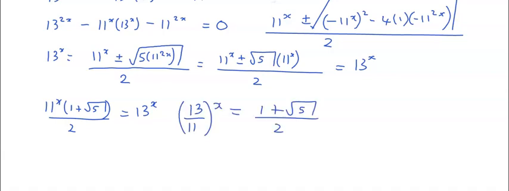And so if we summarize, we can see that 13 upon 11 to the power of x will be equal to 1 plus root 5 over 2, because if I take this equation here, 1 plus root 5 over 2, and I divide both sides by 11 to the power of x, then using brackets, I get the version given there, and I'm now ready to try my logarithms.